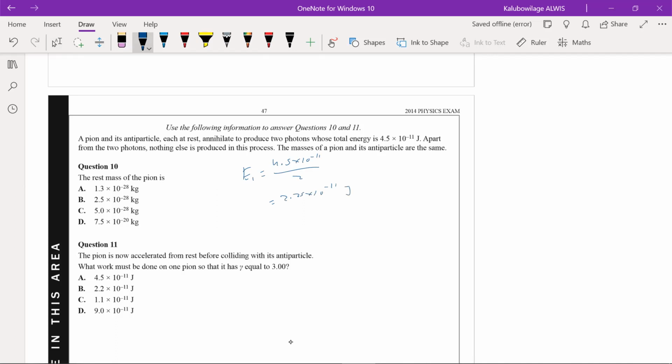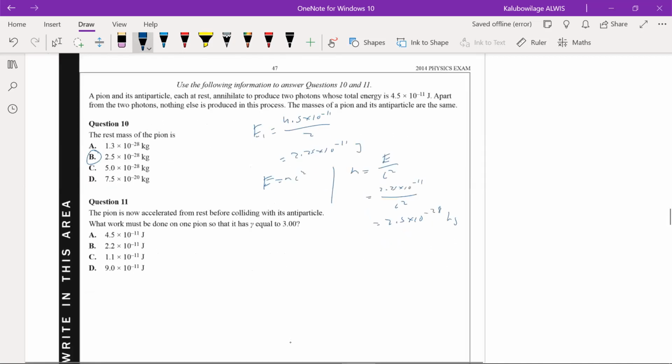And they're each at rest when they annihilate, so there's no kinetic energy to deal with. It's just E equals mc squared. m equals E over c squared, 2.25 times 10 to the power minus 11 over c squared, which is 2.5 times 10 to the power minus 28 kilograms.